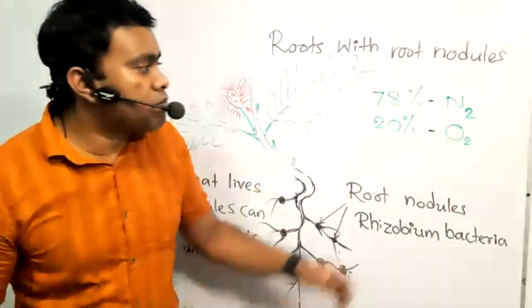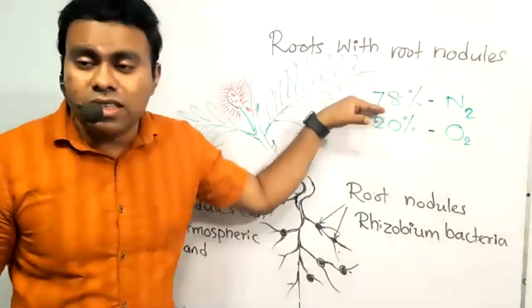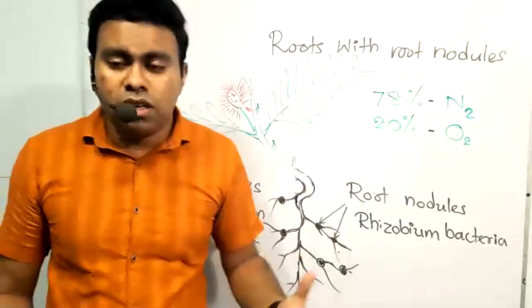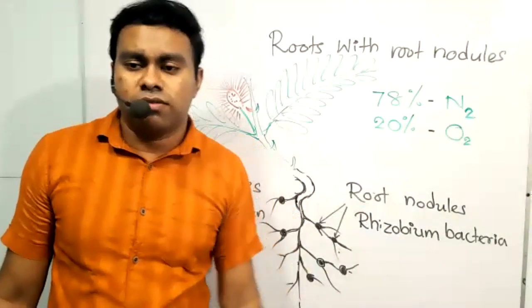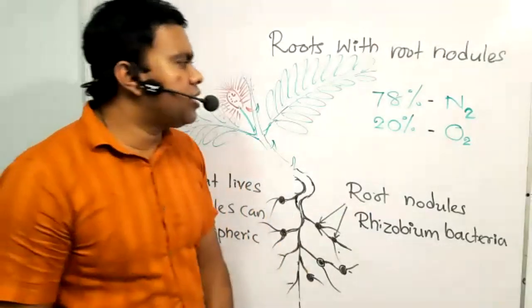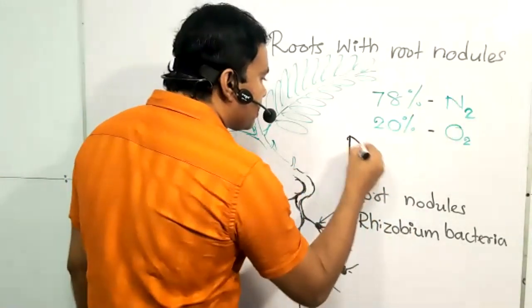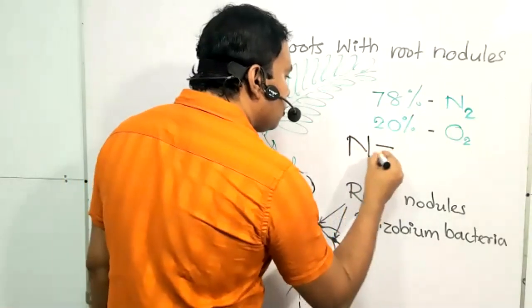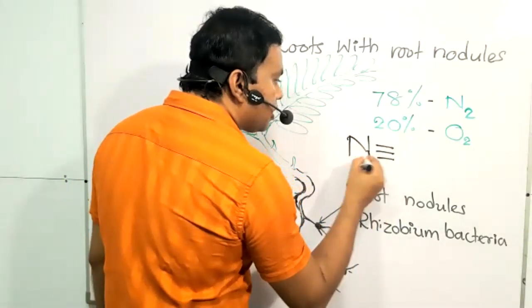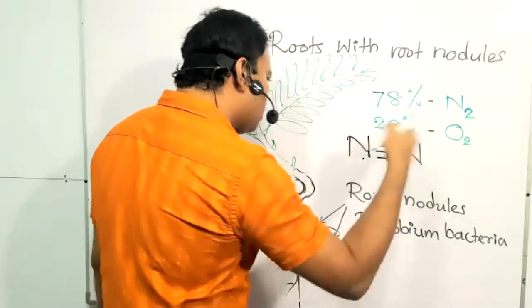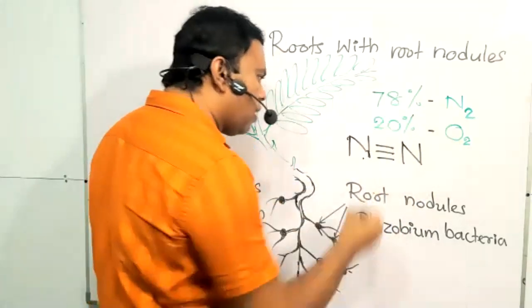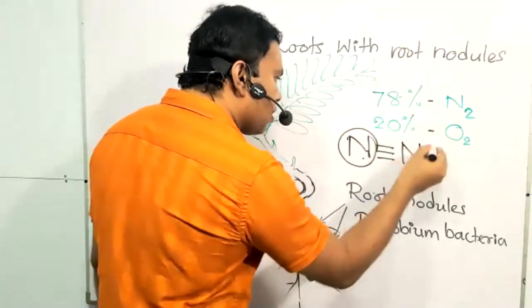Although the maximum value is 78% in the atmosphere, it cannot be absorbed. The reason behind that is this nitrogen gas exists as two nitrogen atoms. So this is much advanced for you, but understand this. Look at this.